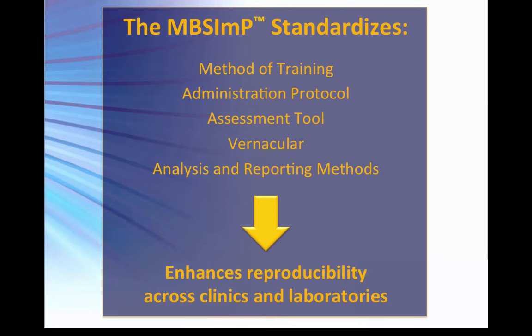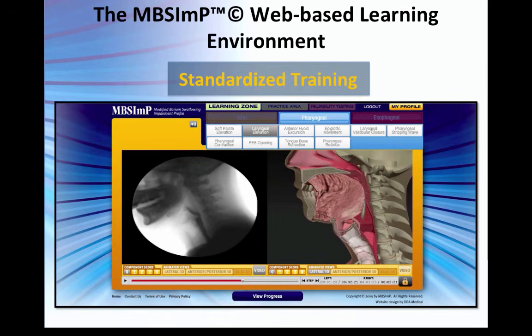So, in summary, the standardized MBSImP includes a standardized method of training, the protocol that you use, the tool that you use in terms of the probes and interpretation, the vernacular, and how you report your information in order to enhance reproducibility across clinics and laboratories.